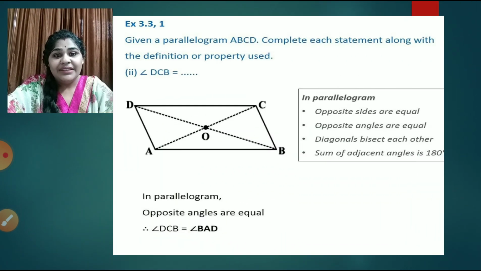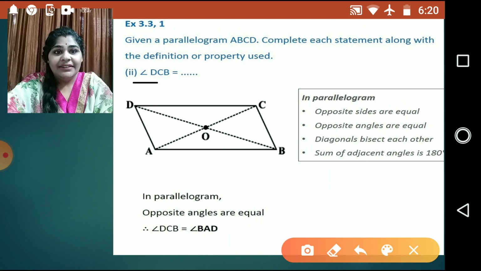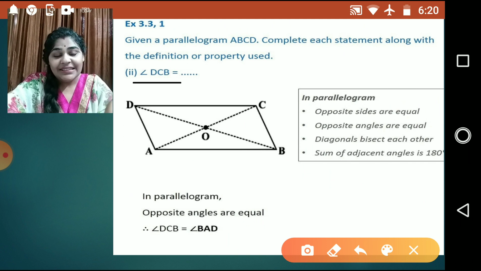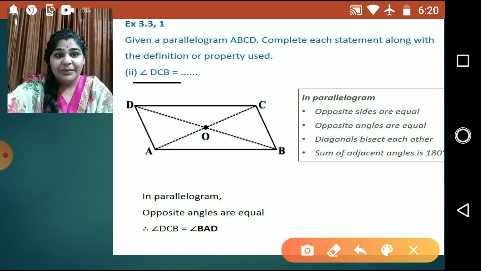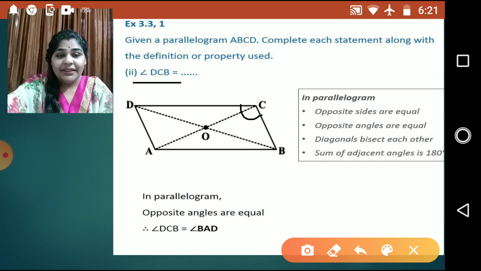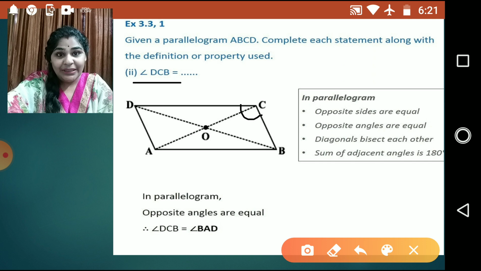Now next is angle DCB is equal to dash. First of all, see where is angle DCB. This angle is angle DCB in the given parallelogram. Now we know that opposite angles are equal, right?